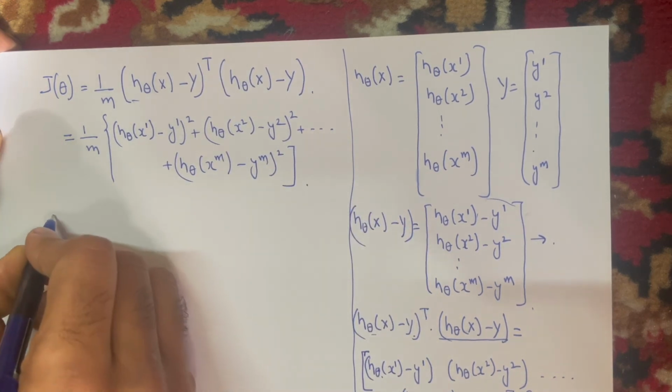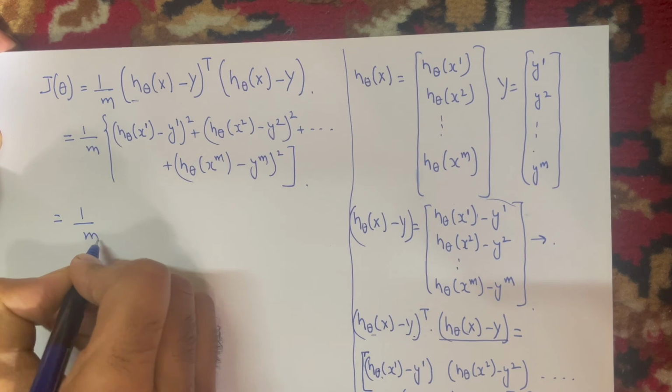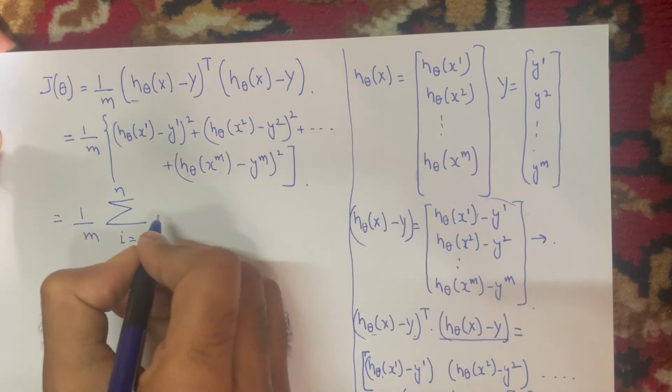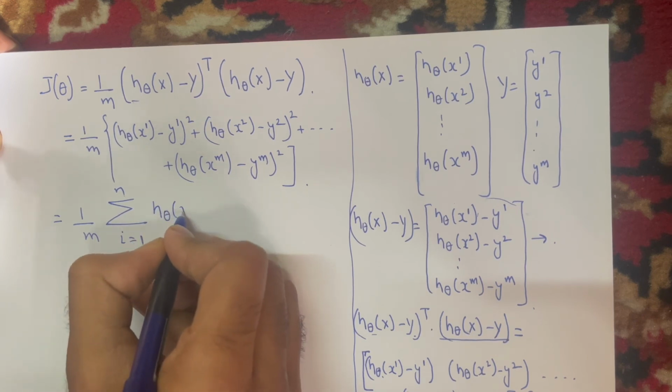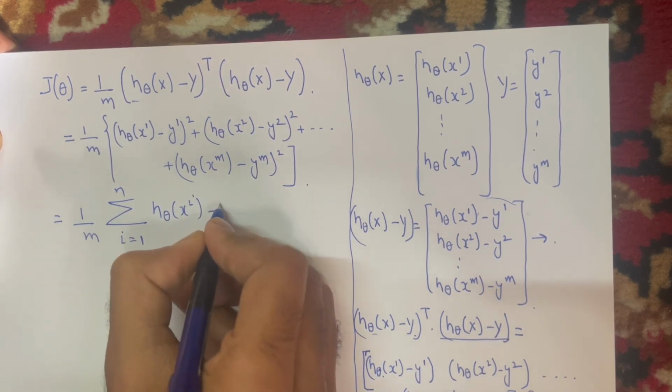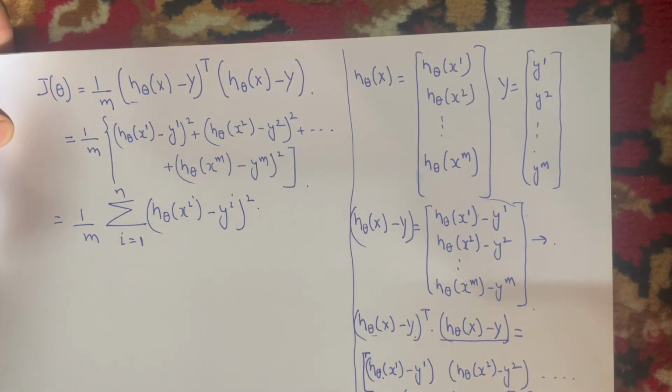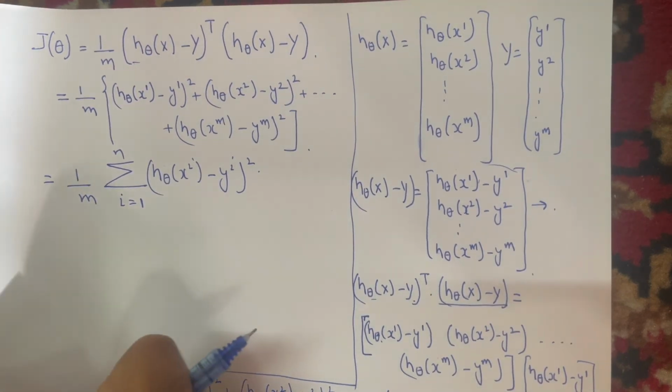Okay, this is equal to 1 by m summation i running from 1 to n h of theta xi minus yi whole square. Okay, so we found both matrix and non-matrix equations.